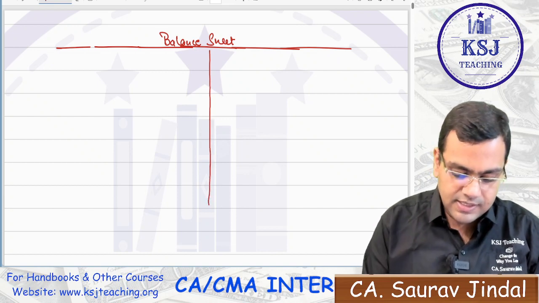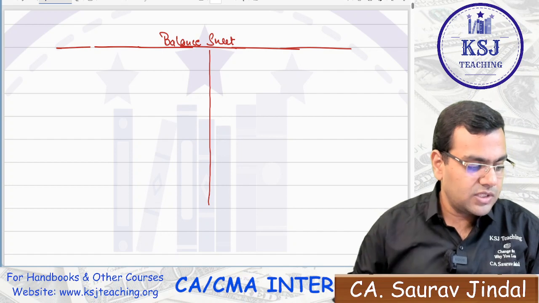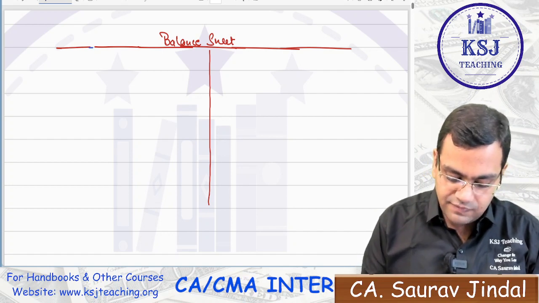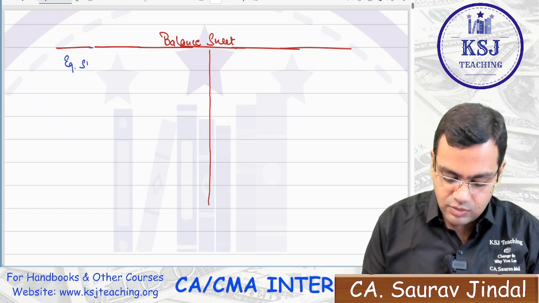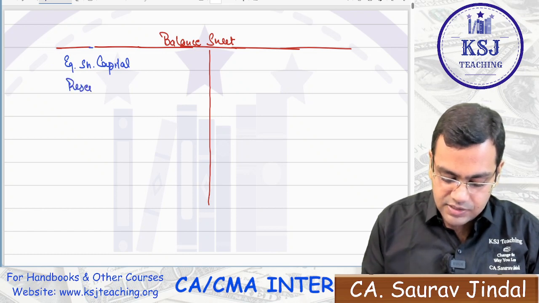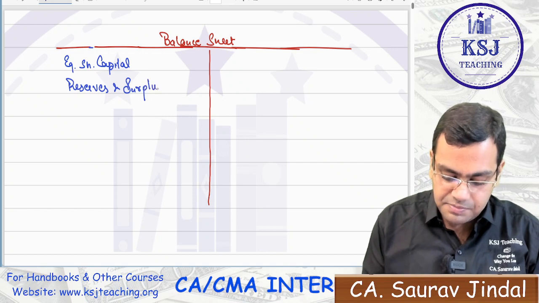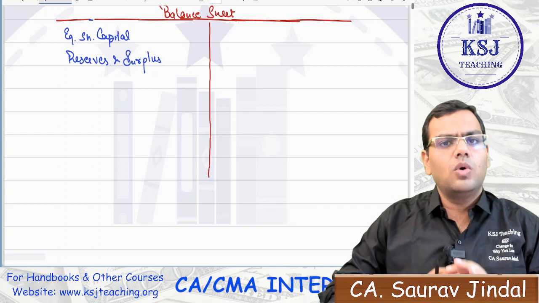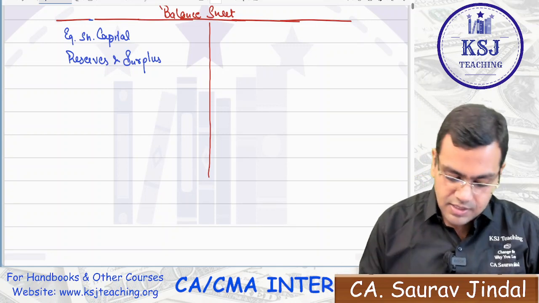Great, sir. What is that picture? Let me tell you, sir, what is that picture? So this is a simple balance sheet, sir. In the balance sheet, what we are writing is, here we write equity share capital, right? Then I'll write reserves and surplus. You just have to remember this balance sheet for all the capital structure ratios. You will be able to do all sorts of calculations from this, right?